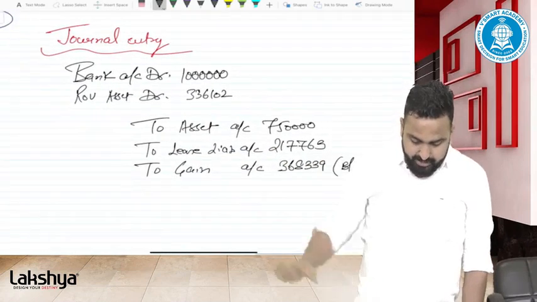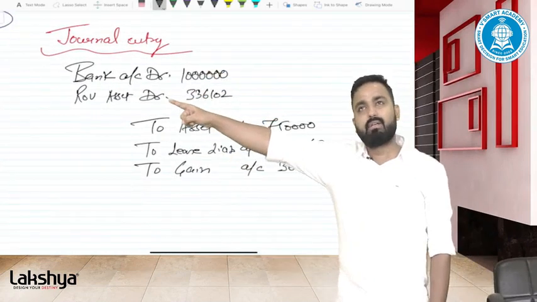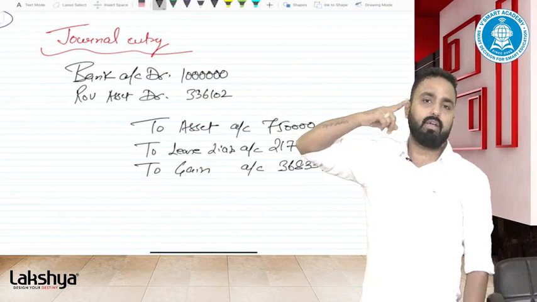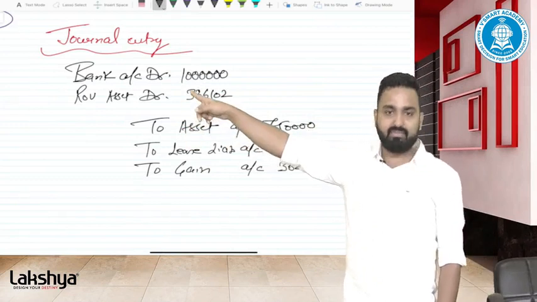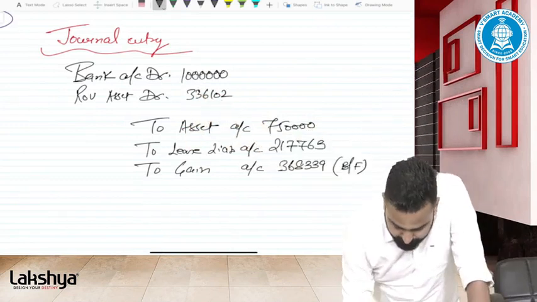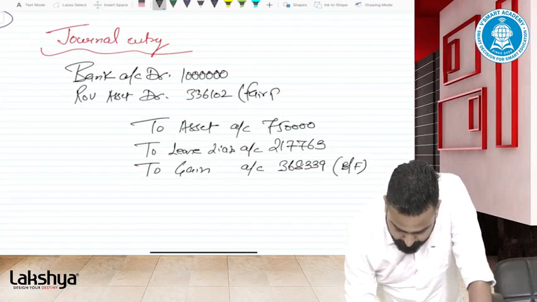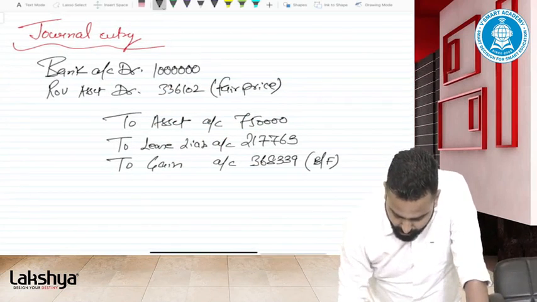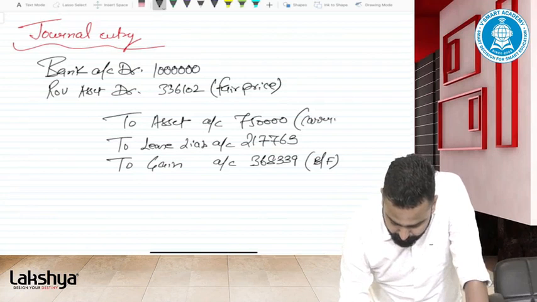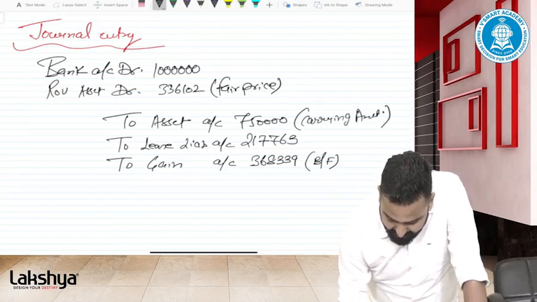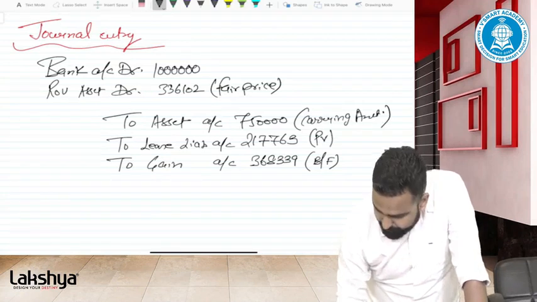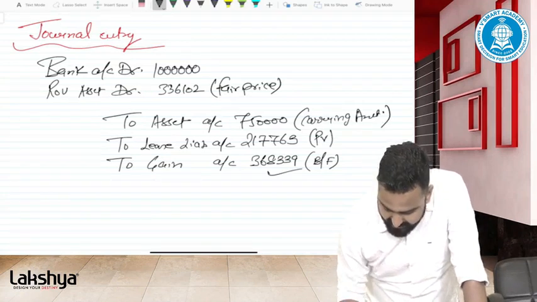Okay, the journal entry: bank account debit, we got only 10 lakh. ROU asset account debit 336102, the fair price. To asset, this is the carrying value. Lease liability, this is the present value. And gain 368339.